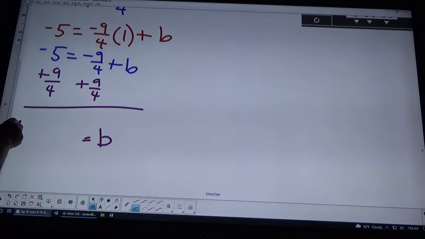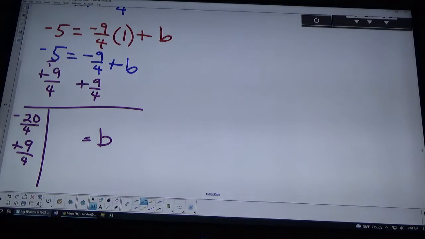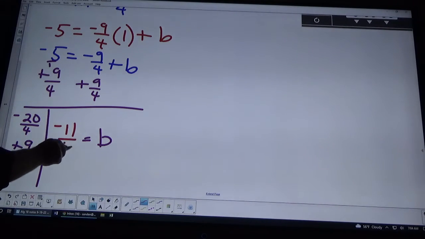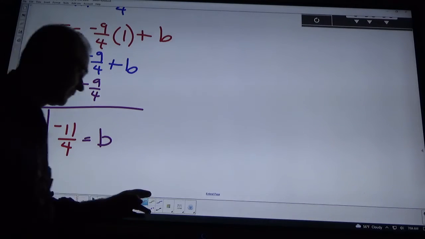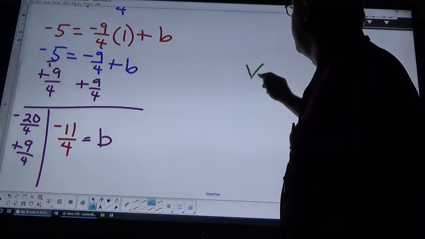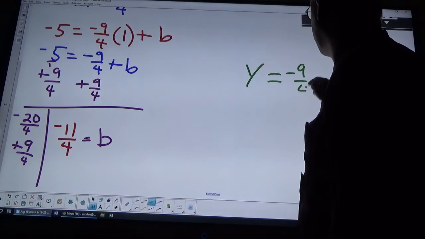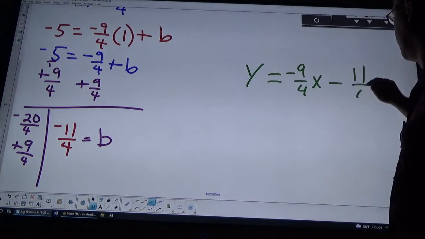It's already over 1, so if I multiply top and bottom by 4, that's going to give me negative 20 over 4 plus 9 over 4. Combine negative 20 and 9, and you get negative 11 over 4. y equals negative 9 over 4x minus 11 over 4. And there's your answer.